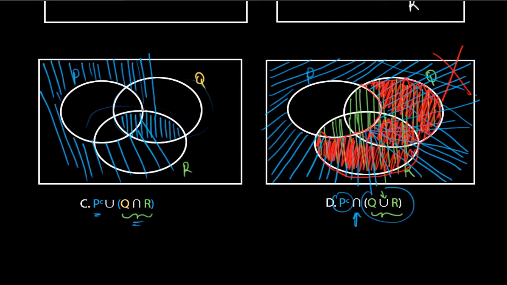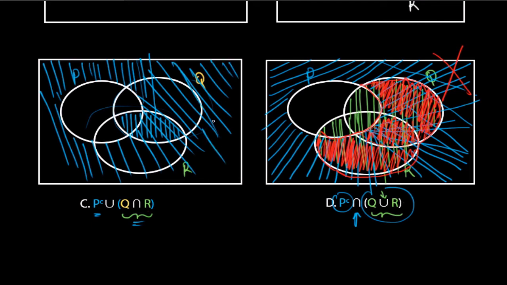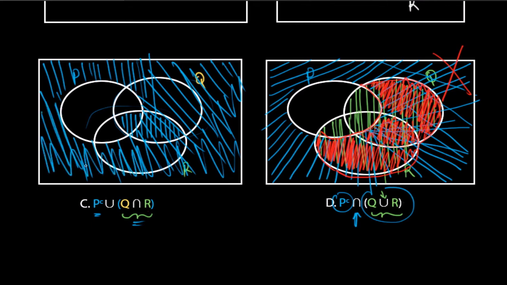Yeah, so let's begin to shade everything outside. So everything here, everything here, everything here. So you can see, this is P complement union Q intersection R.